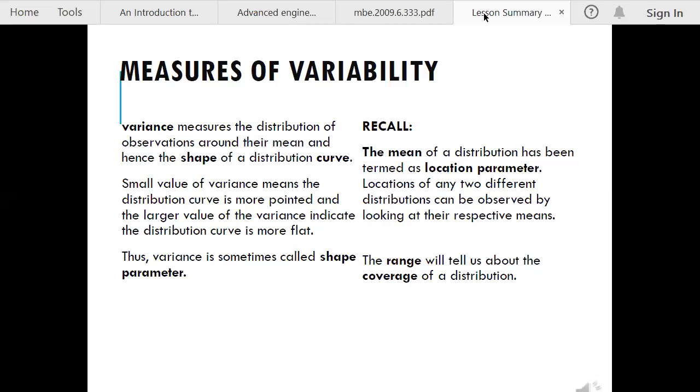The next thing we talked about was the measures of variation. And we looked at what the variance means and what a standard deviation means. Okay, we said that the variance is just a variation from the mean, the expected value, of the data. So then we look at the estimation.